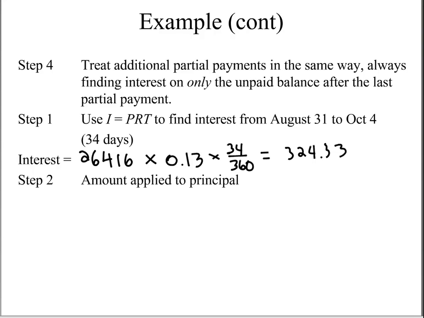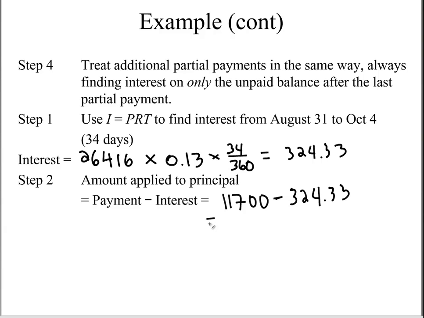The next step is to figure out how much money is applied to the principal. I take my partial payment of $11,700 and subtract off $324.33. When I subtract it off, I get $11,375.67. This is how much money is going to be applied to my principal.